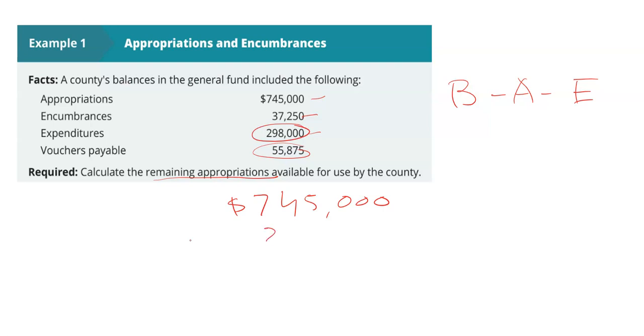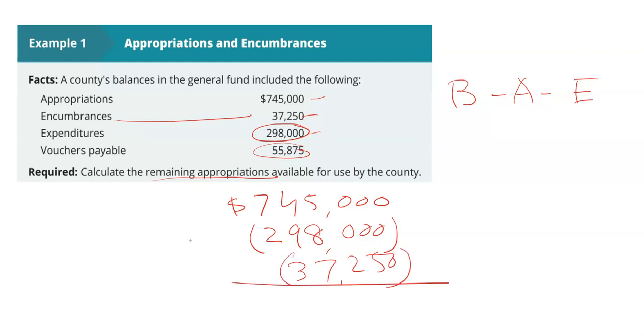So that money is gone. So you subtract that, and then they still have encumbrances here. They have already placed an order, maybe the product or the item is not received yet, but they still have that encumbrances balance. So we have to subtract that $37,250, and this will give you how much money you actually reduced from your appropriations.